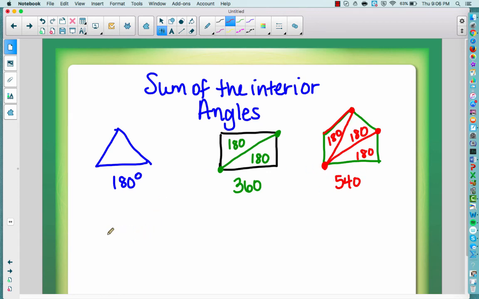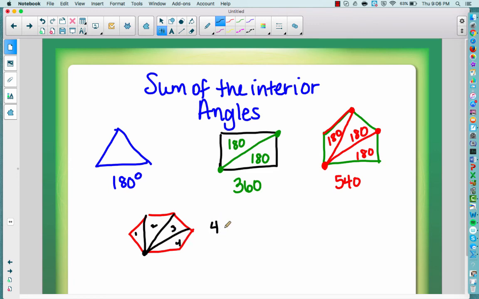I'm going to try a hexagon, okay? Last one, hexagon, six-sided figure. 1, 2, 3, 4, 5, and 6. Okay, so let me switch colors. I'm going to take one vertex, this one, and I'm going to draw a triangle, and a triangle. All right, so that's 1, 2, 3, 4 triangles.